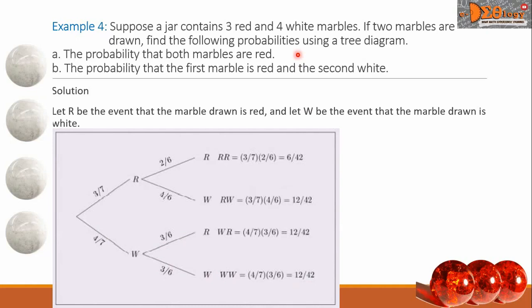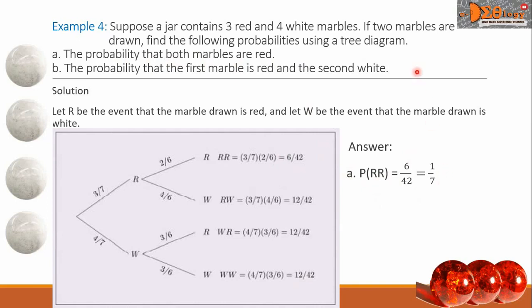Now, to answer our problem, letter A, the probability that both marbles are red, we will have P of RR, and this is equal to this value, 6 over 42. Let us simplify this in lowest terms. We will have 1 over 7.